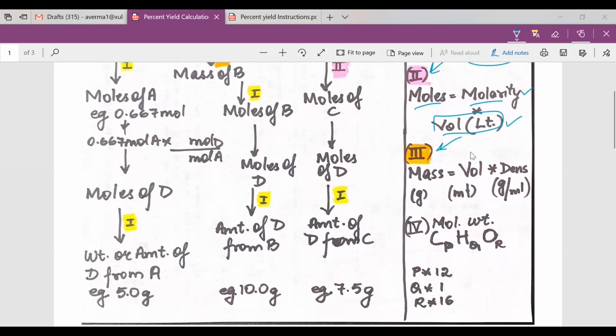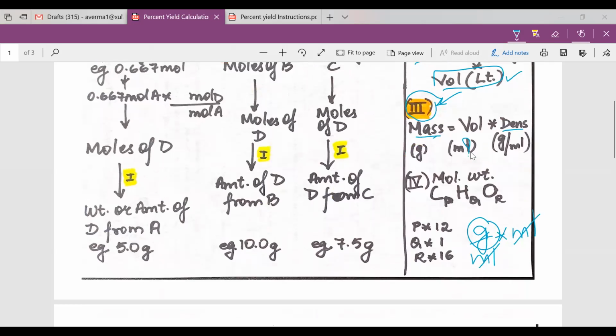A third formula that I want you to remember and memorize is when we calculate mass, we multiply volume and density. Make sure when you're multiplying your density and your volume, you will be left with mass.